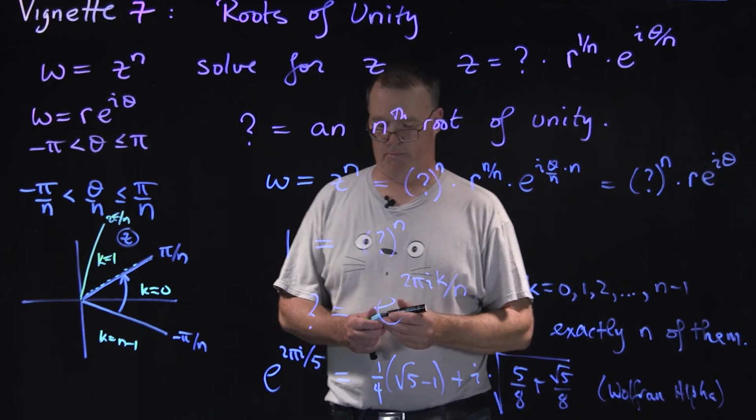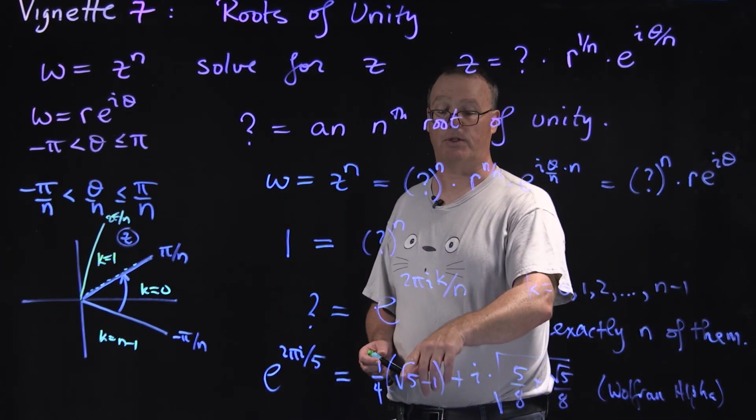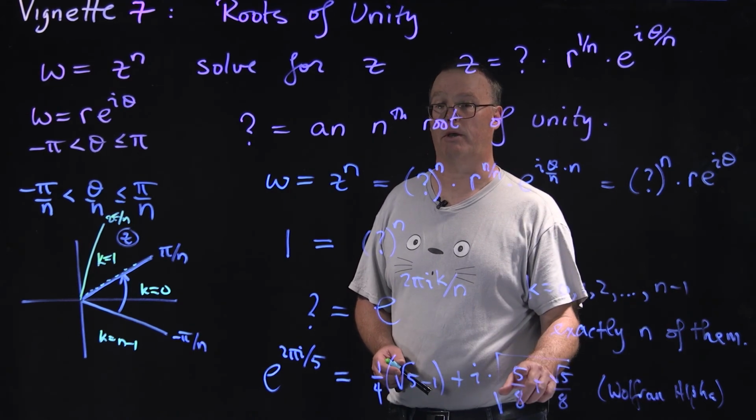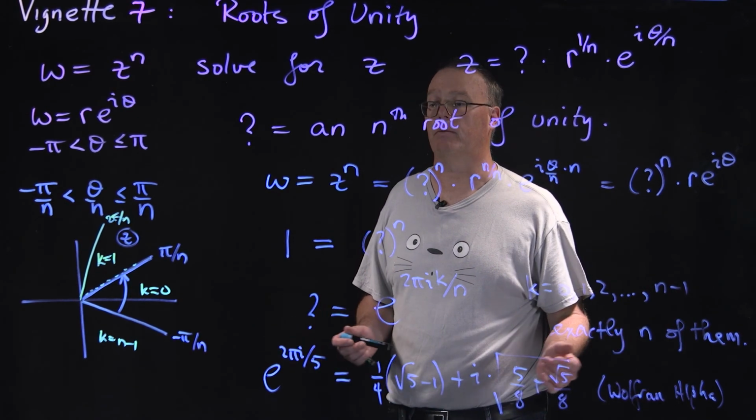But most of us are happy with just simply cosine of 2 pi over 5 and sine of 2 pi over 5. And that's all you need, really.